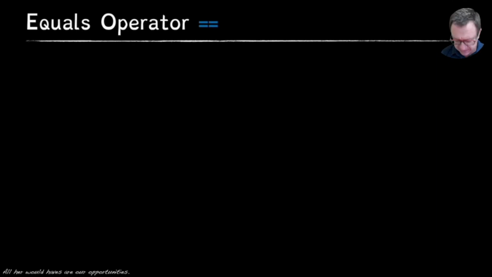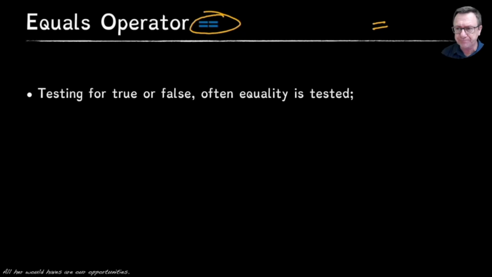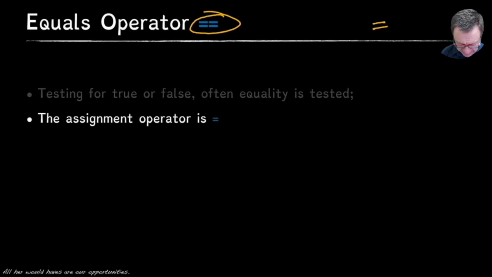Now we dive into this thing called the equals operator. You'll notice there are two equal signs, and hopefully you remember that one. We often use the equals operator when we want to know if something's true or false, when we're testing the equality between things.